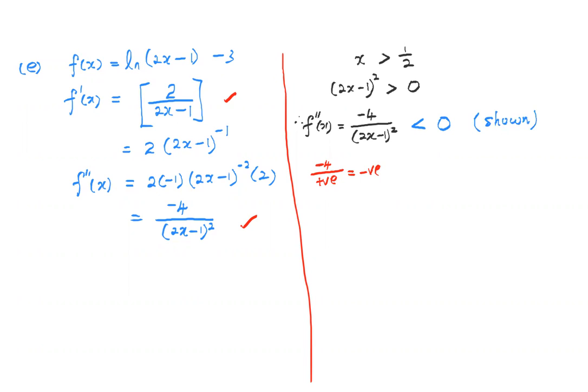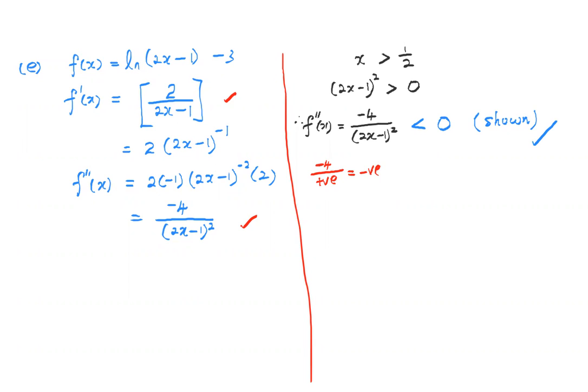Because if f double prime x is always less than 0, negative, it means that f(x) is concave down for all values of x in the domain. So that is how you explain. You cannot draw a sign diagram to explain. Are you clear?